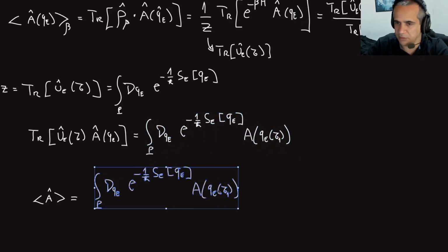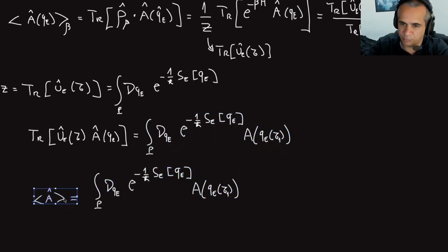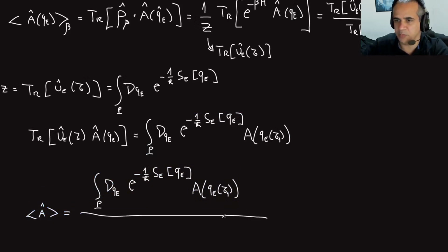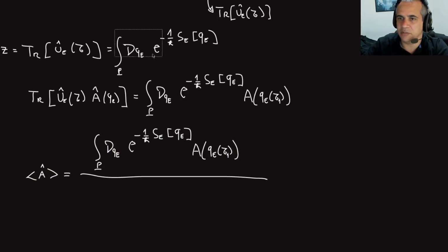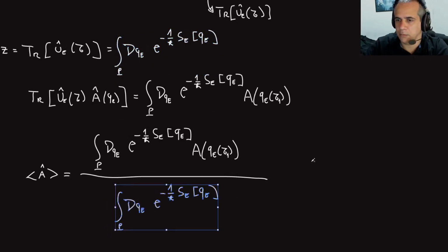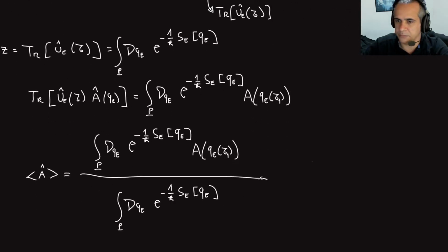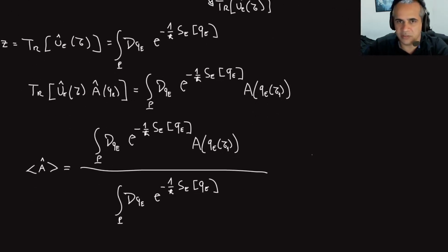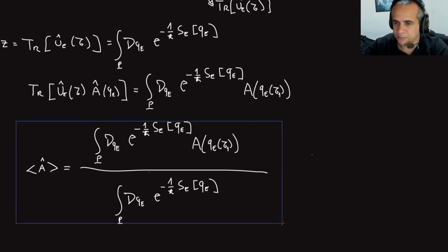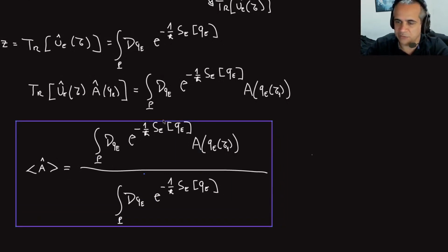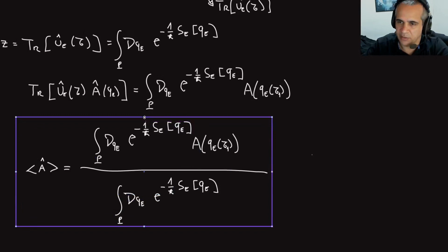Let me put a little bit more space over this. As per this relation, which means that all these strange normalization factors that come out of the path integral.